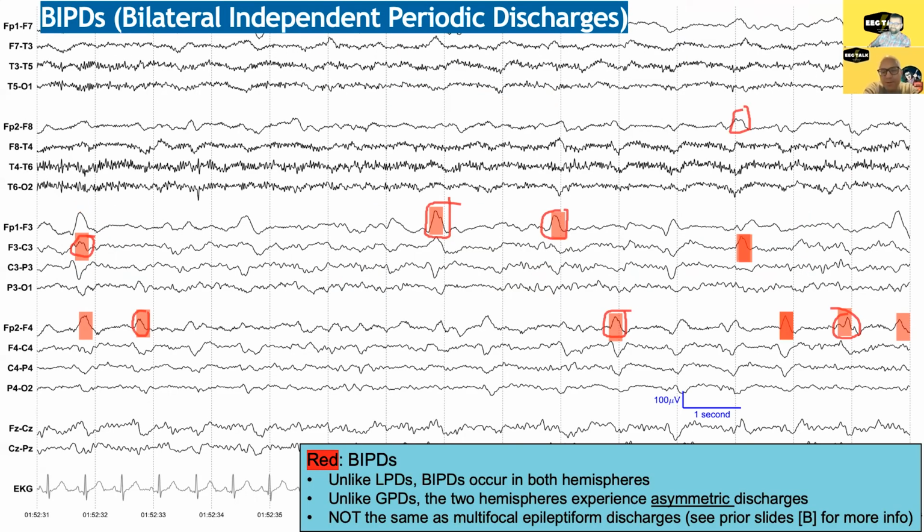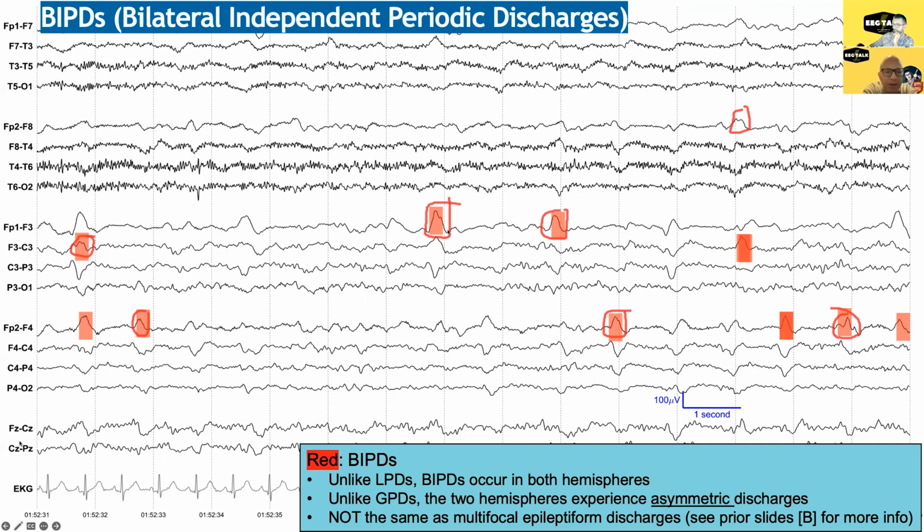And again, another example we probably would not want to put in an EEG talk because, blasphemy, it's not classic, but I think this is an example of bilateral independent periodic discharges. So for that to be true, we have to see that there are periodic discharges on both sides, but they're not synchronized.